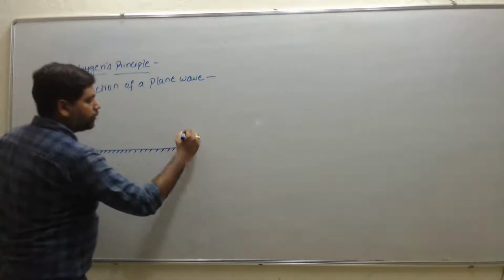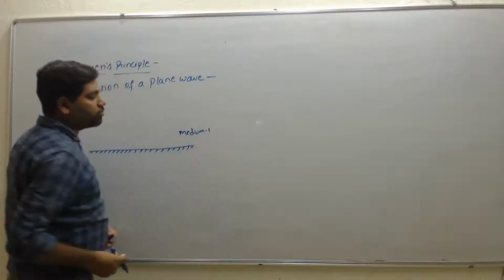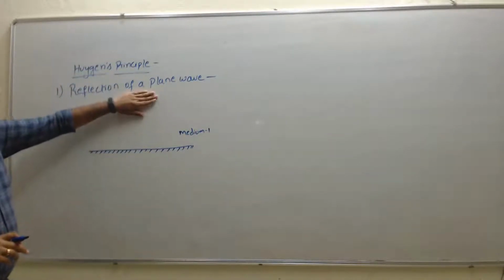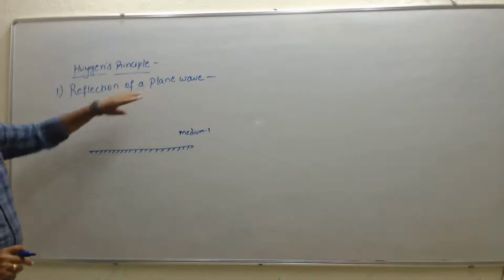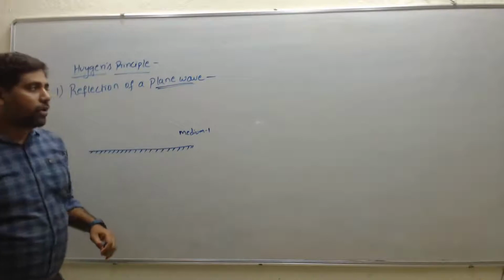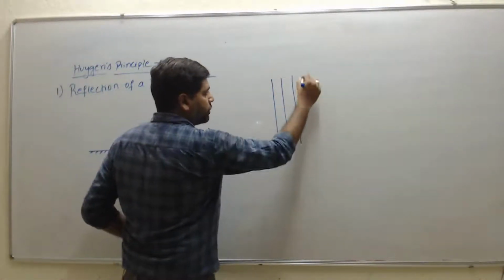So this one is medium 1. Next, consider one plane wave. We are going to study the reflection by using the plane wave. Plane wave is nothing but like a stride.